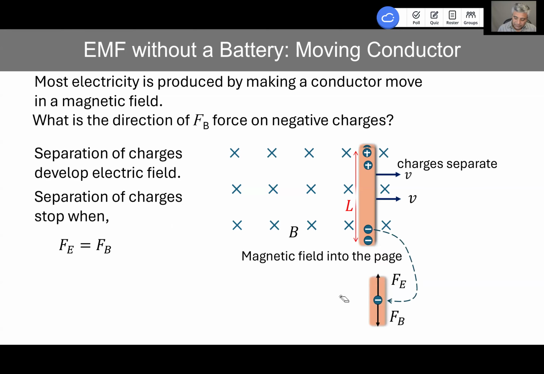So here, each of these charges is experiencing forces. One force is the force due to the magnetic field, and that's what we said, the negative charge experiences in that direction.